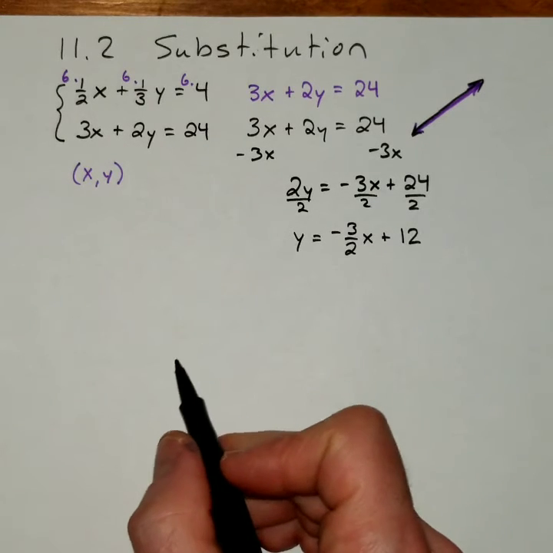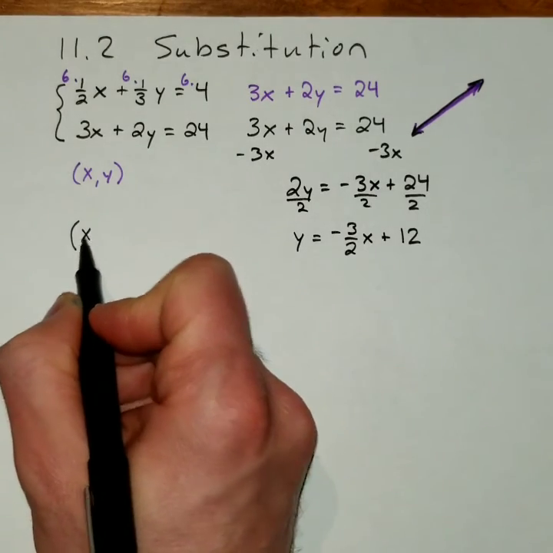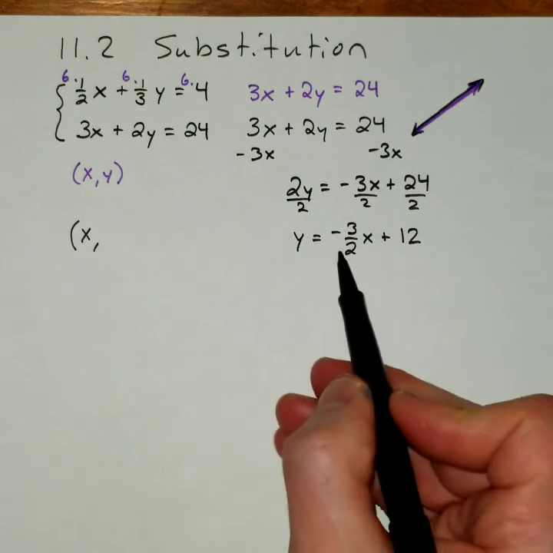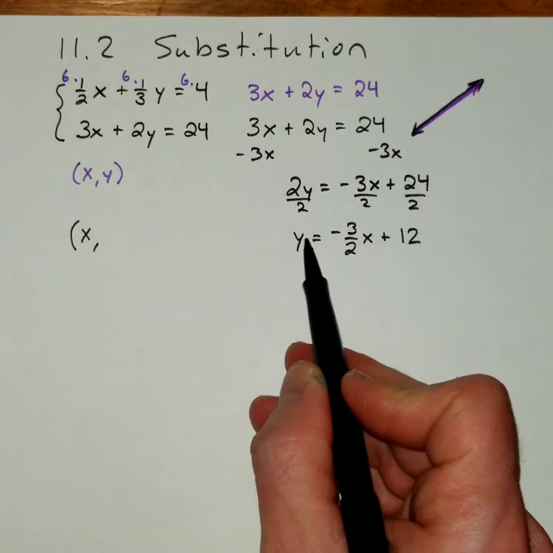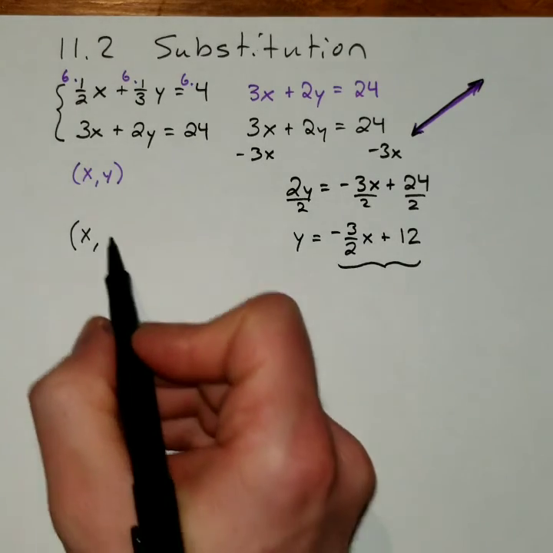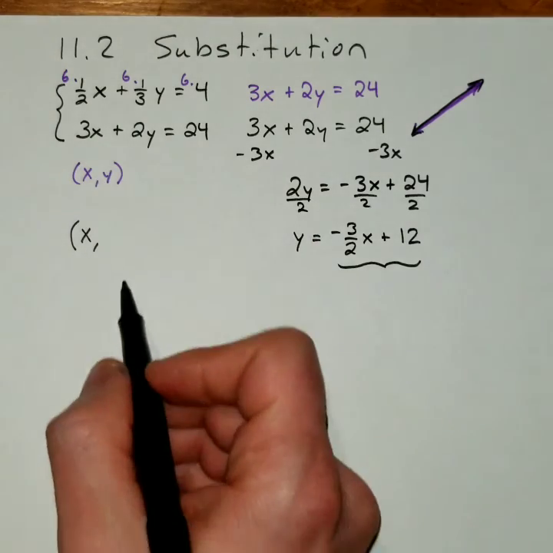And so when we write out our final answer, we're going to use the x value, and then in place of the y, we're going to write what y is equal to, which is all this stuff here, that expression. So it's kind of like what we do in the substitution method. We're just substituting into the ordered pair.